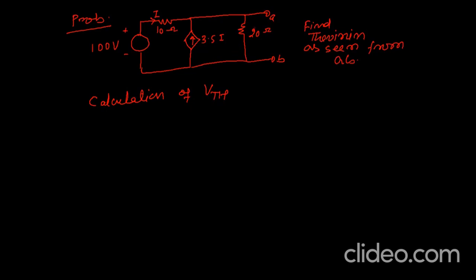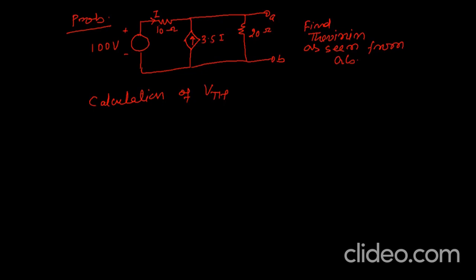In this problem, see, this is a current source. This terminal is open. So whatever voltage is there here is called VTH, the Thevenin voltage. So let us see what the value of this Thevenin voltage is. So you see here 3.5 I current is coming here and I current is coming here.